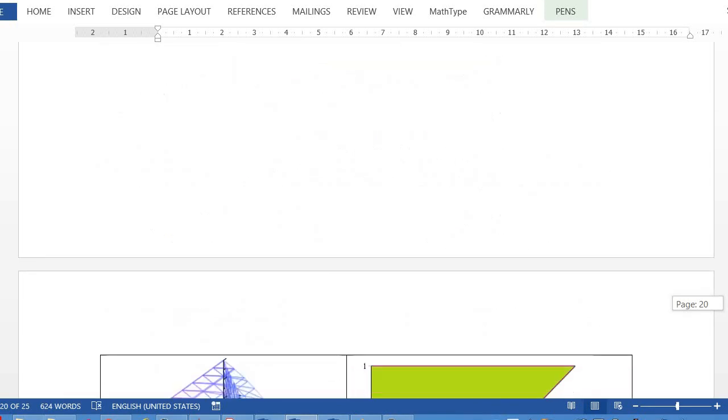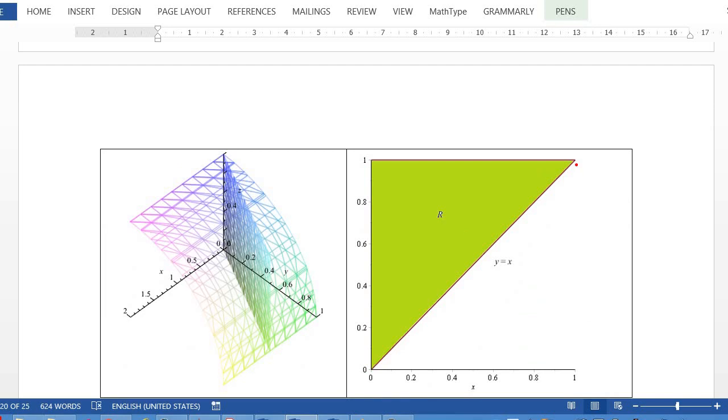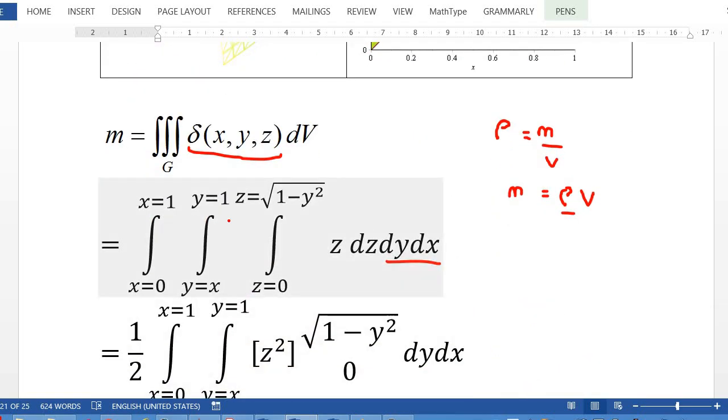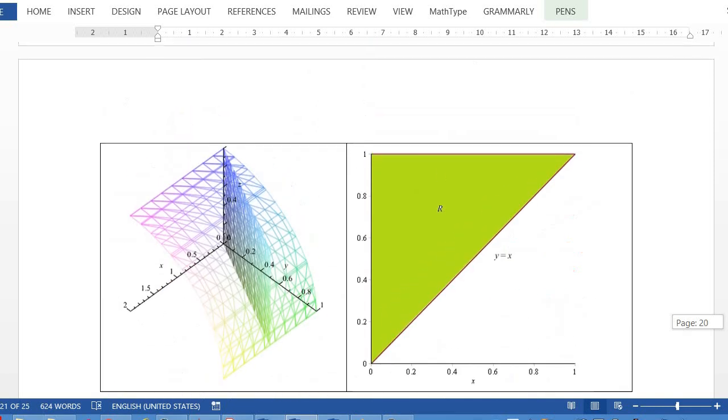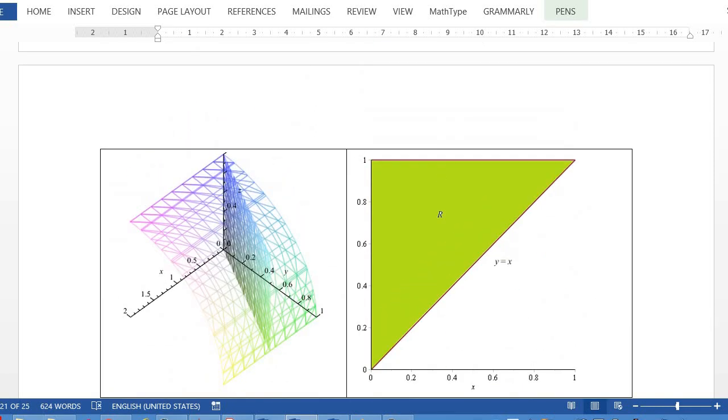The region R is a triangle given here. When y is 1, x is 1. So you solve your dA using the vertical bar, and integrate with respect to y first. The lower limit of y is y equal to x until the upper limit y equal to 1, and then x from 0 until 1.